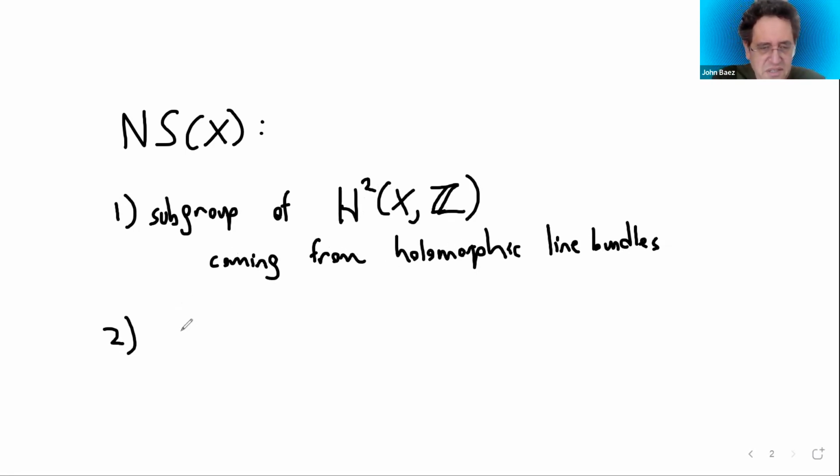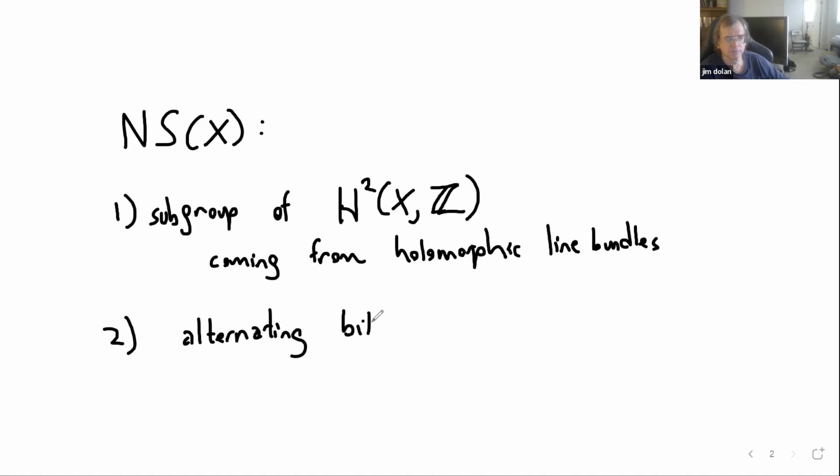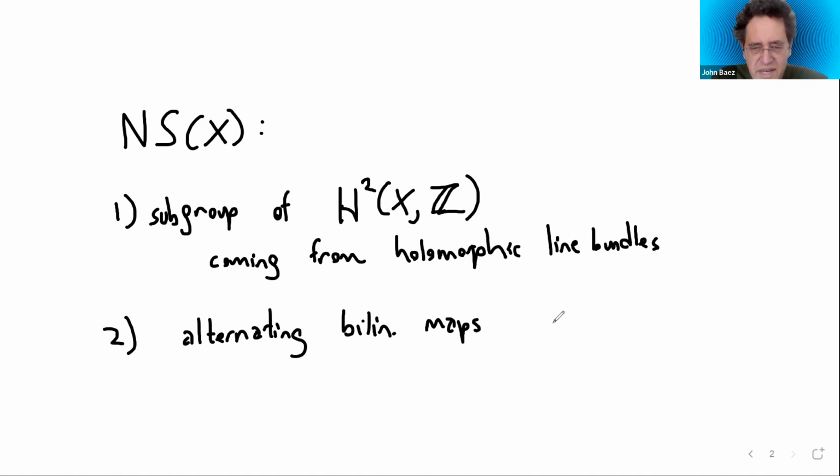So we can say it's the group of alternating, which I guess just means the same as anti-symmetric here, bilinear maps, I'll call it A for alternating, from the lattice times the lattice to the integers.